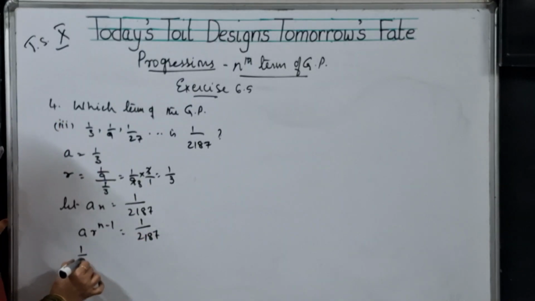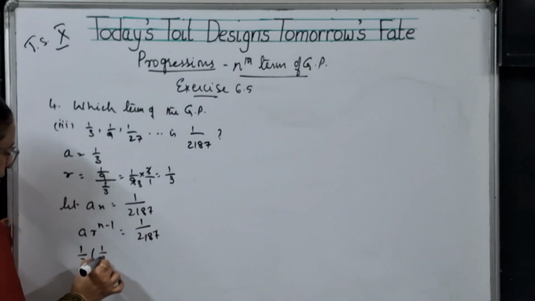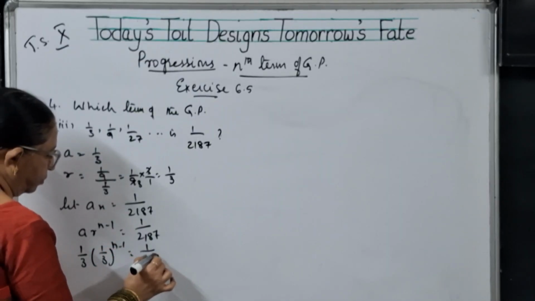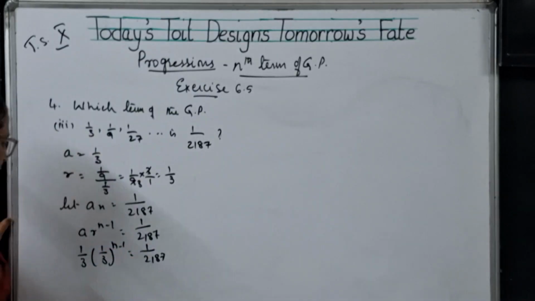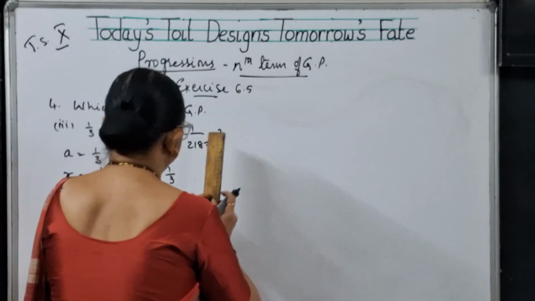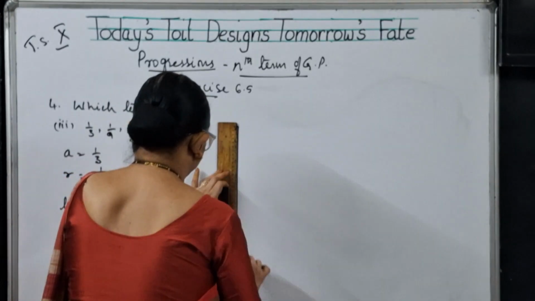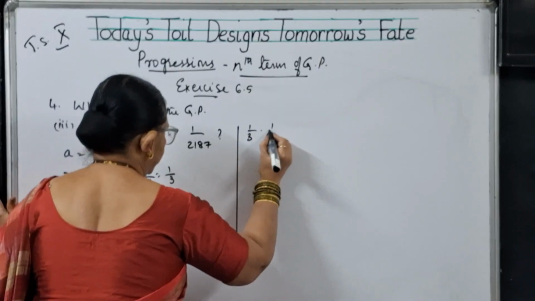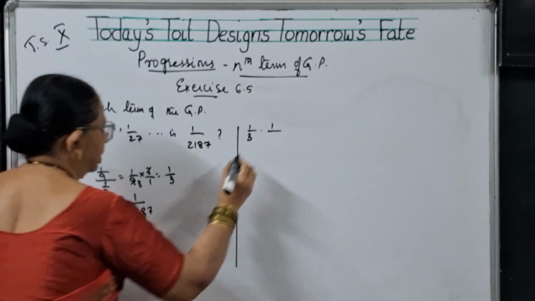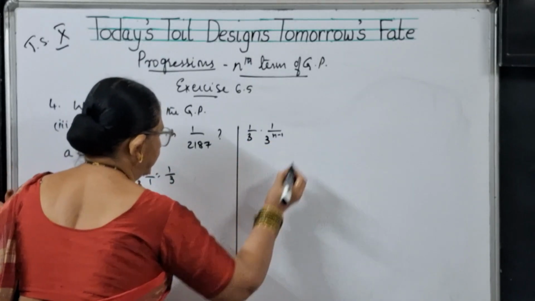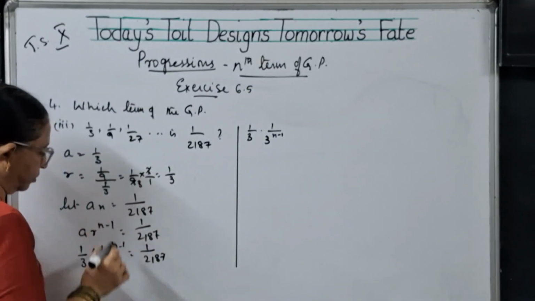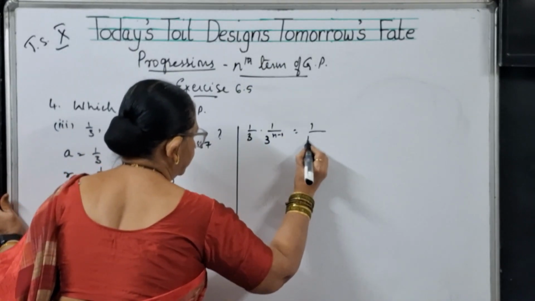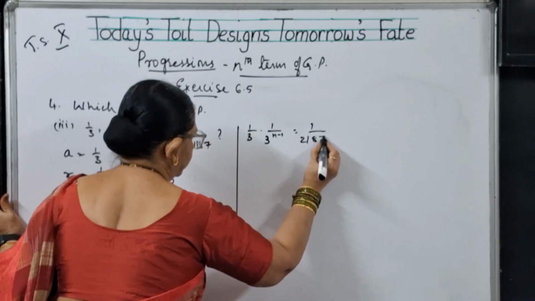a is 1 by 3 into 1 by 3 whole to the power of n minus 1 is 1 by 2187. So this means 1 by 3 into 1 by 3 to the power of n minus 1 is equal to 1 by 2187.